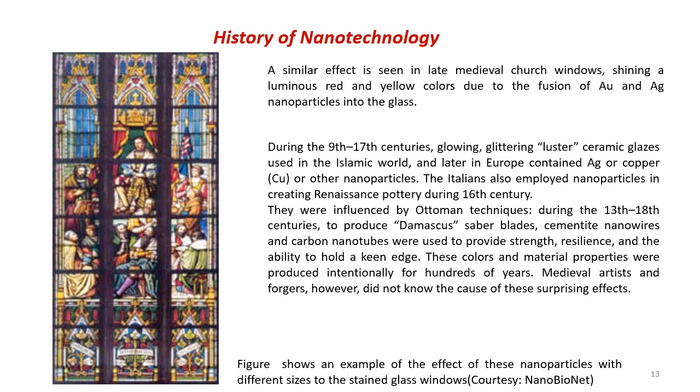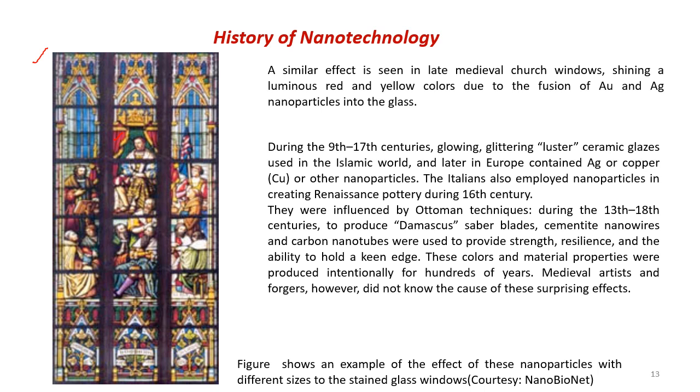A similar effect is seen in late medieval church windows. Shining, luminous red and yellow colors are there due to the fusion of gold and silver nanoparticles into the glass.